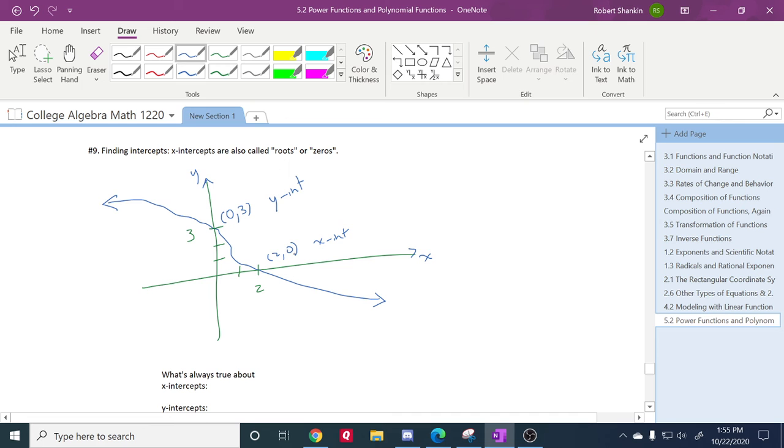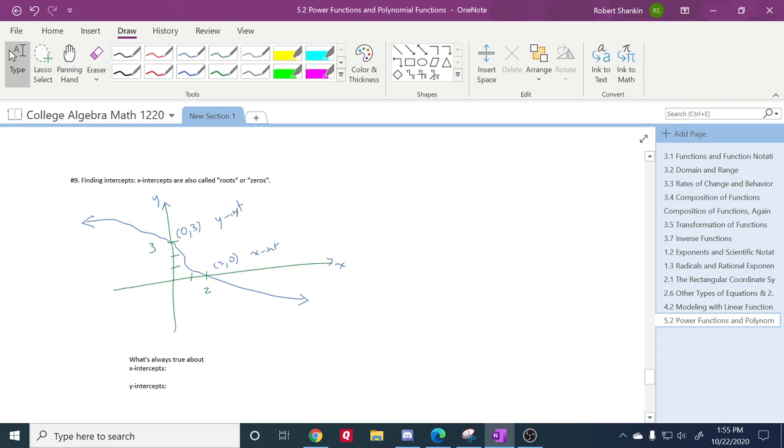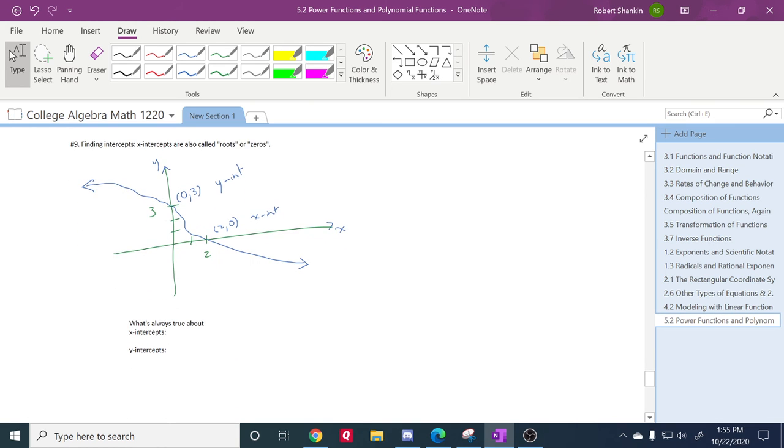All right. So what's always true about every x-intercept, and what's always true about every y-intercept?